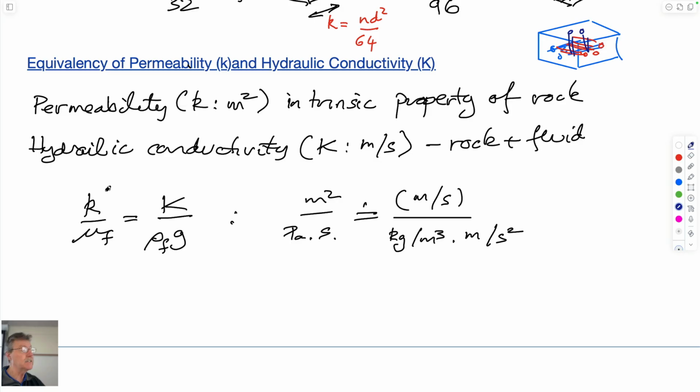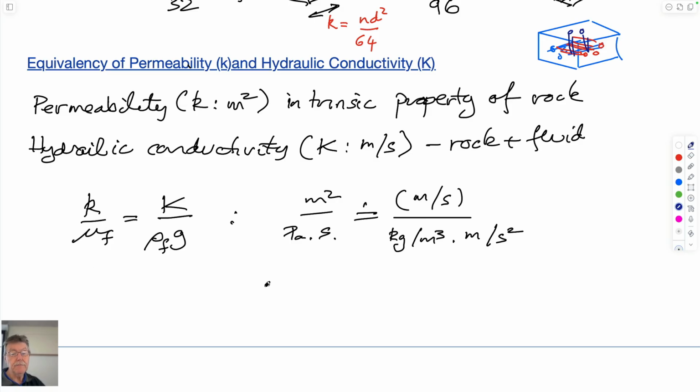A permeability of 10 to the minus 18 meters squared for a sandstone is the same if it's flowing water or vapor or gasoline. It doesn't matter, as long as they're Newtonian fluids. The influence on permeability in the flow equations is accommodated in the choice of the viscosity for the different fluids and the temperature at which they're flowing.